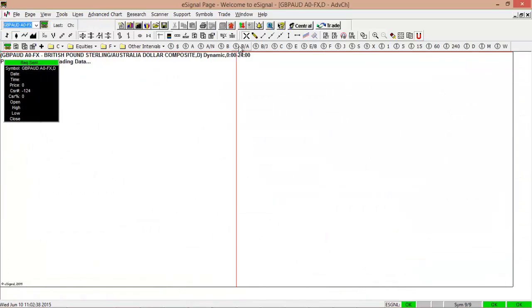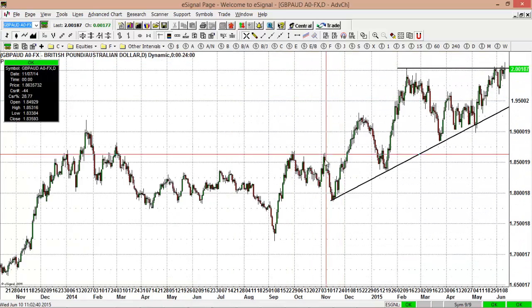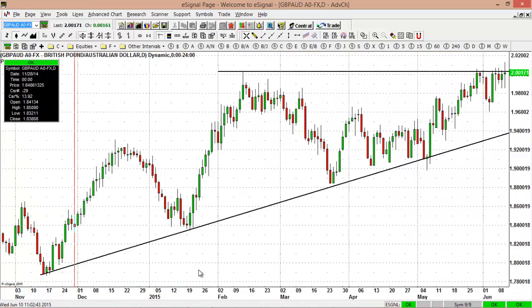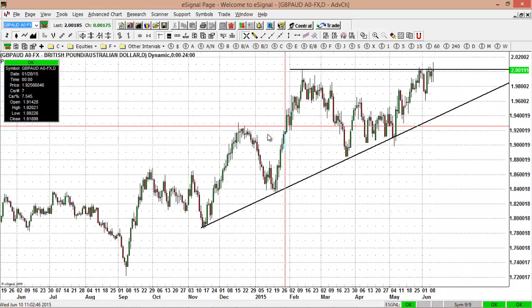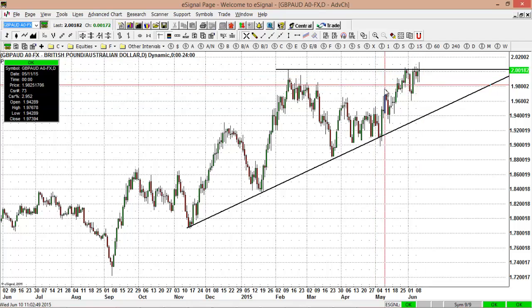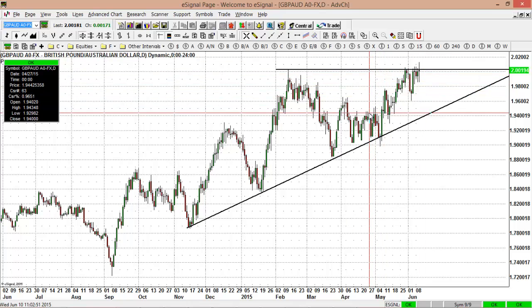British pound has been definitely the currency pair that's moving this year. And as you can see with the British pound, Australian dollar, we have entered another triangular consolidation, and the market just can't seem to eclipse this $2 level. Maybe it will later today or tomorrow, but it is finding very strong resistance at this level.